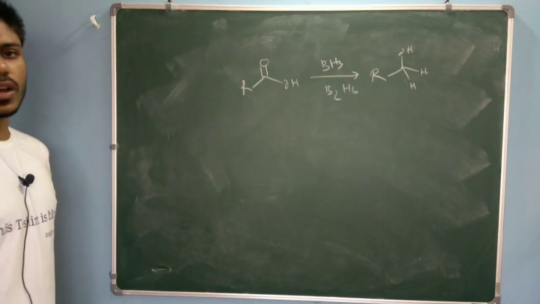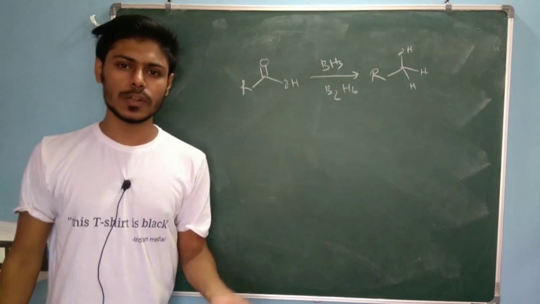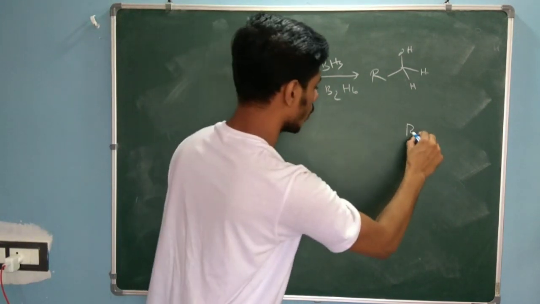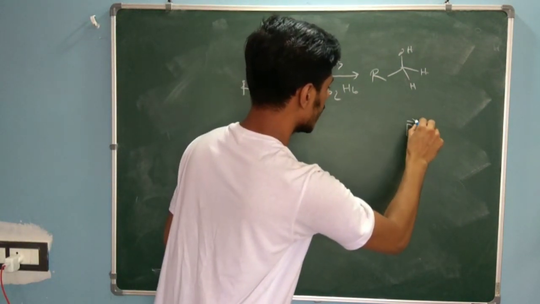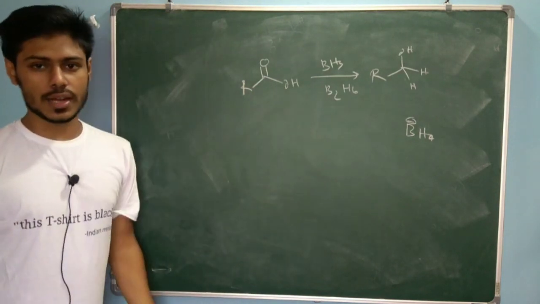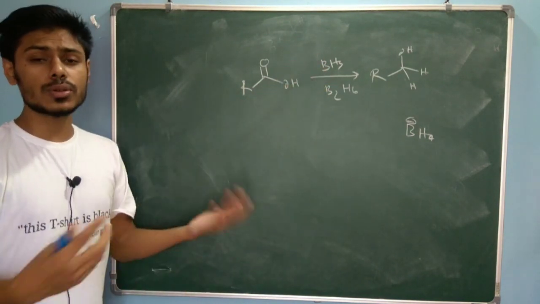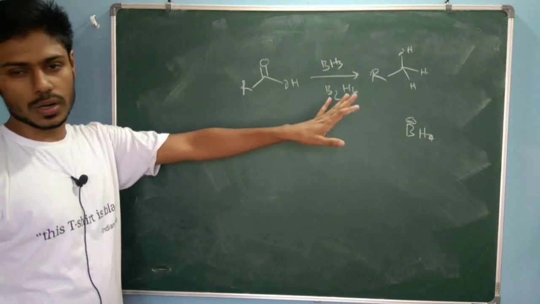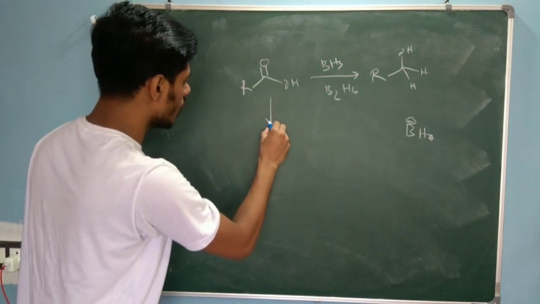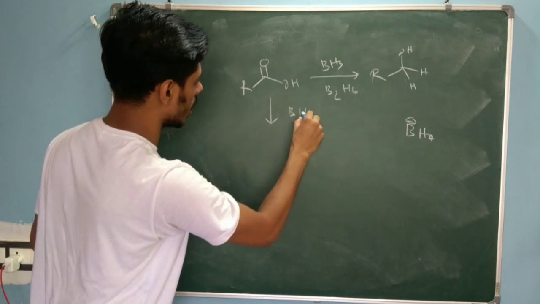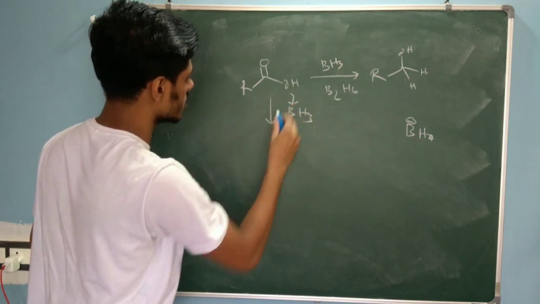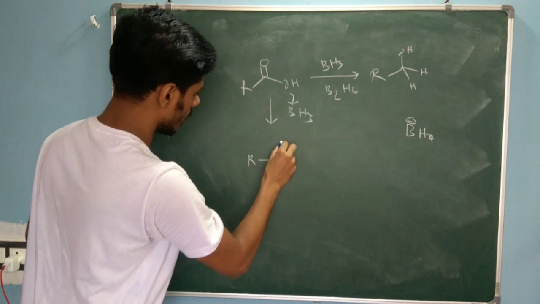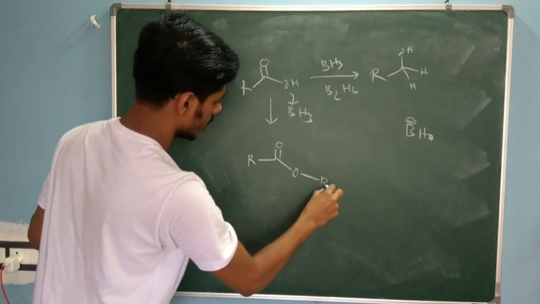Now how the reaction occurs, because in case of borohydride or aluminum hydride, we have seen that the boron contains negative charge and that's why it delivers the hydrogen, but in this case it is neutral. So why it will deliver the hydrogen? Now of course this BH3 itself will not deliver the hydrogen, rather it will complex with this carboxylic acid. So it will form the complex like this.